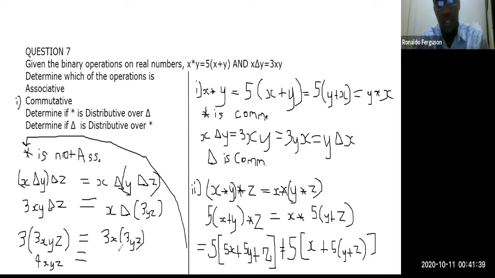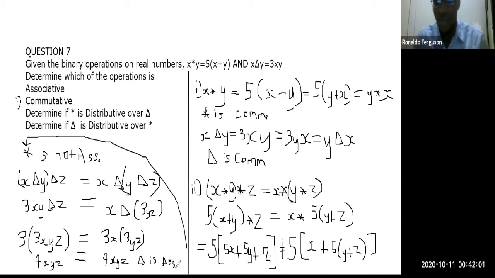And so what this works out to be is 3 times 3 is 9, and so we get 9xyz. And so that's how we would show that delta is indeed associative. So delta is associative. Remember, it's ASS for associative.